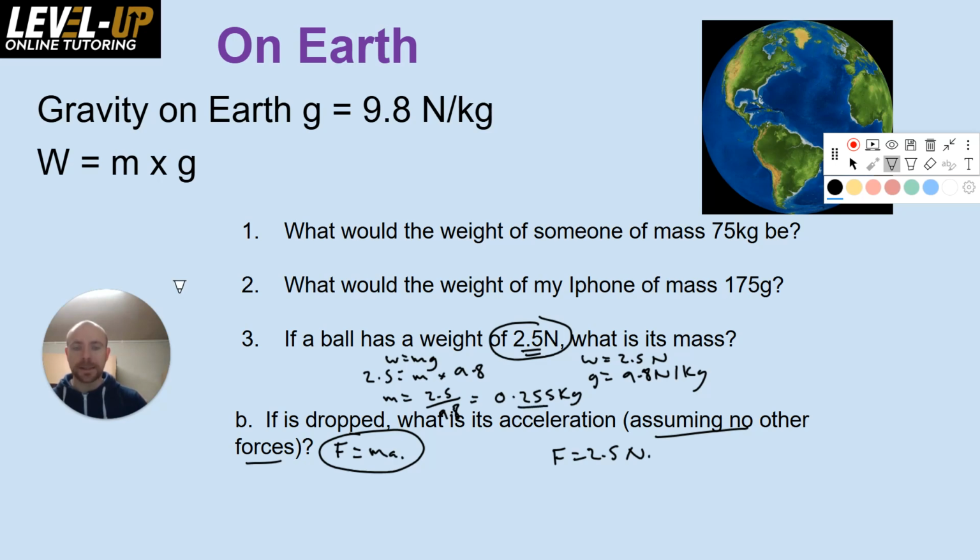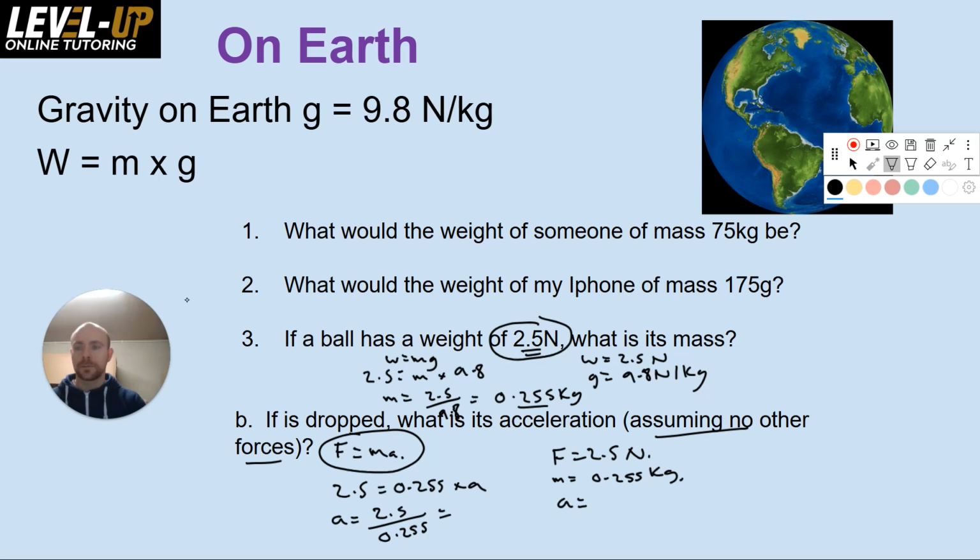We've worked out what our mass is. We know that mass is 0.255 kilograms, and so we can work out what a is. Let's substitute in first: 2.5 equals 0.255 times a. a is 2.5 divided by 0.255, which equals 9.8.